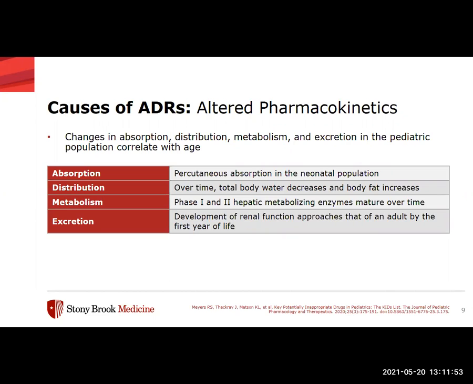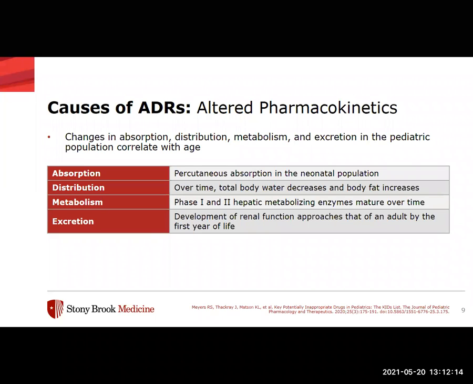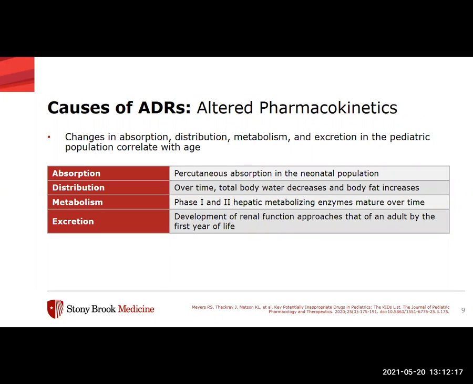Additionally, for example, percutaneous absorption in the neonatal population may be altered, as some neonates have a thinner stratum corneum. In terms of distribution, over time as the body ages, its composition changes as total body water decreases and body fat increases. Regarding metabolism, the phase 1 and 2 hepatic metabolizing enzymes found in adults mature over time.